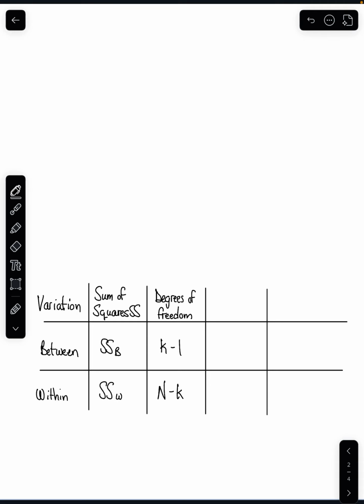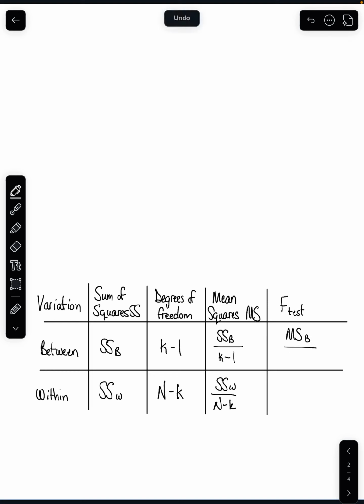Once we have each of those things, we can then find the mean of the squares, MS, by taking the sum of squares divided by the degrees of freedom. And then lastly, we can get our test statistic by taking the mean of the squares between the samples over the mean of the squares within the sample.